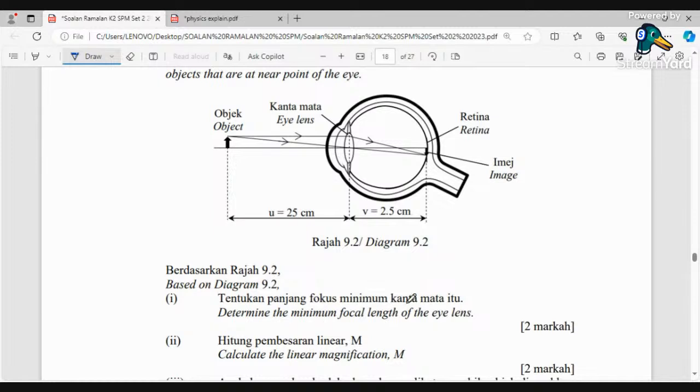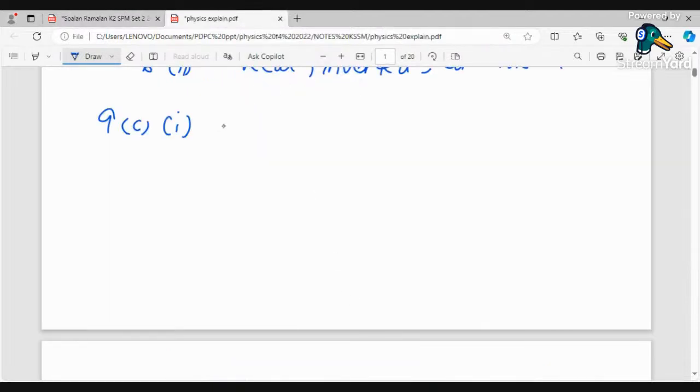We can use calculation because we have v and we want to find the focal length. The formula is the lens equation. This is a convex lens, so the focal length is positive. 1/f = 1/u + 1/v = 1/25 + 1/2.5.